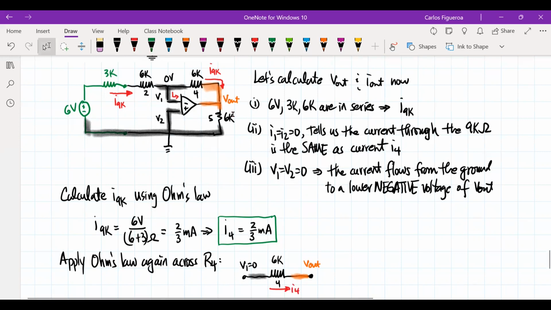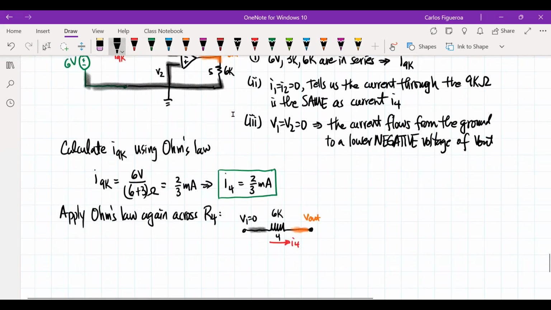So now if I apply Ohm's law, here's what I'm going to see. Ohm's law then says that V1 minus Vout, and that's 0 minus Vout, must be the current.